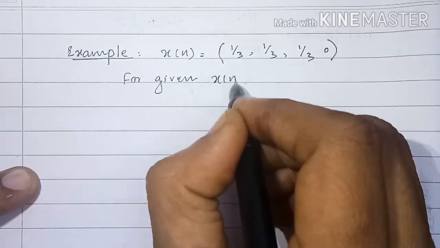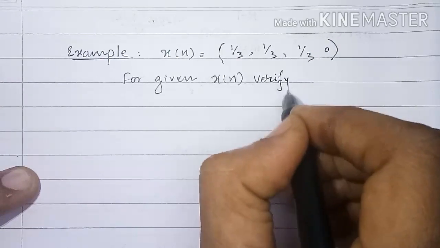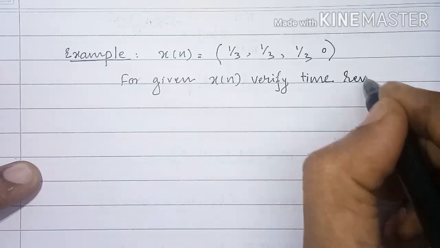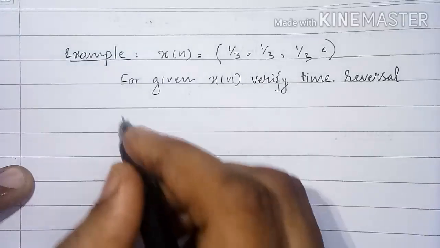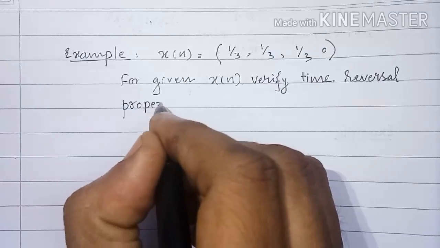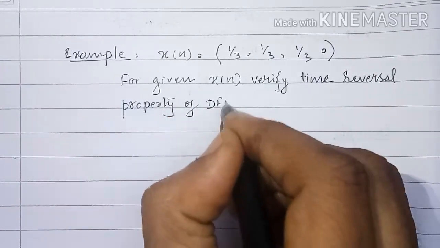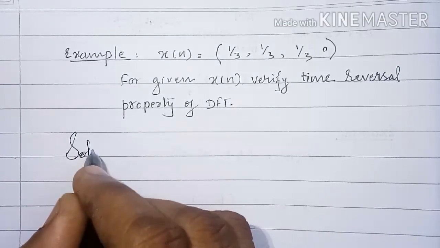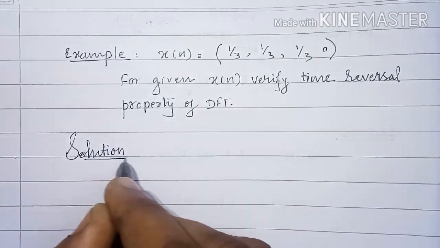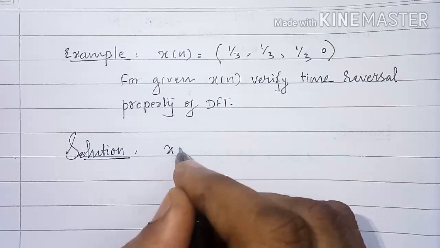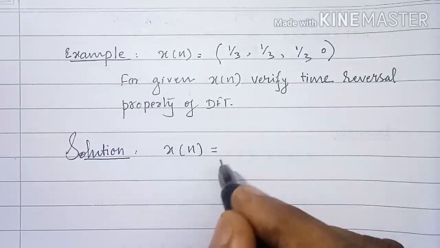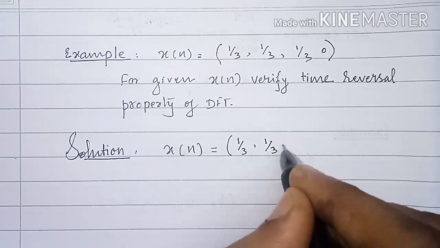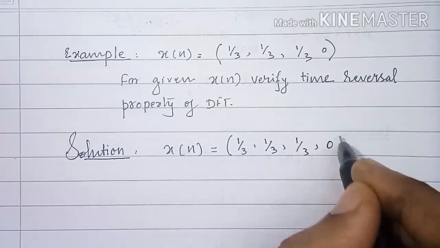For given x of n, verify time reversal property of DFT. x of n is equal to 1 by 3, 1 by 3, 1 by 3, 0.